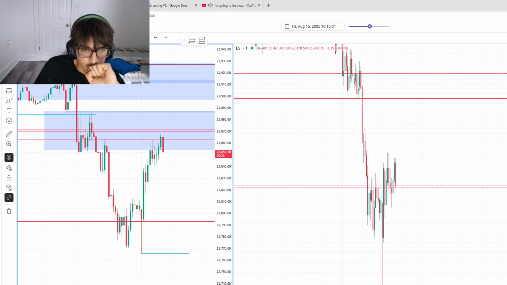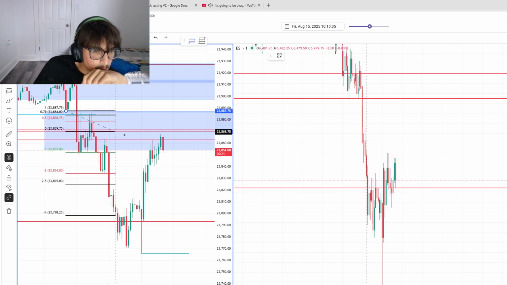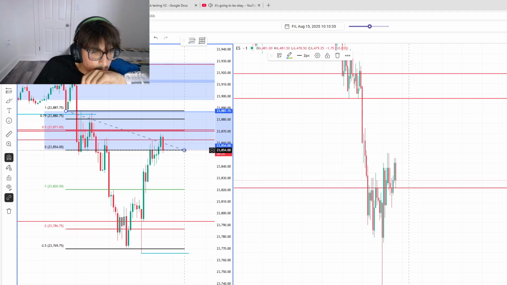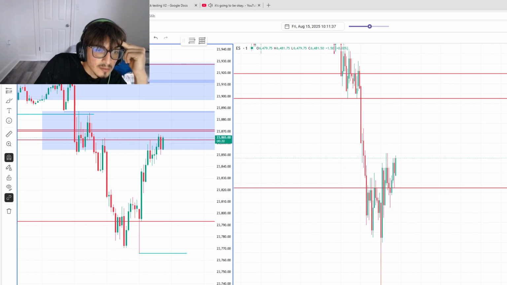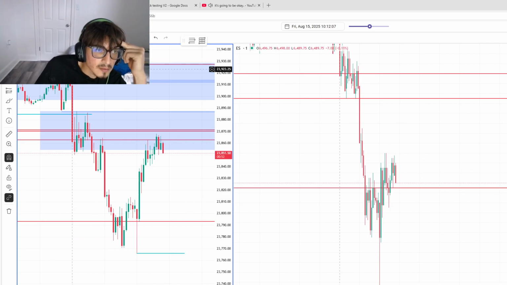Great. Also, did we touch the middle of this gap? No. That doesn't really matter too much though. SMT on highs. 5-minute gap down here.